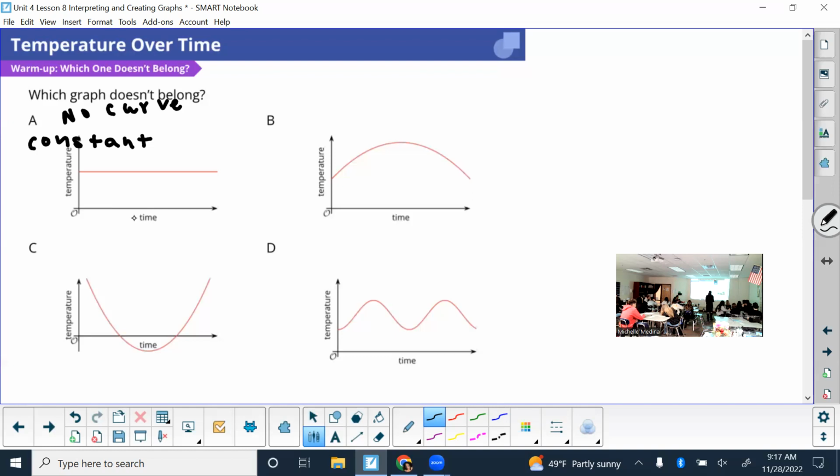Now raise your hand if you can tell me why B does not belong. Anyone? Only one that curves up. Anyone disagree with that? So this one does go up. So it's the only one that goes up one time. How else can you describe that with the math vocab we learned?